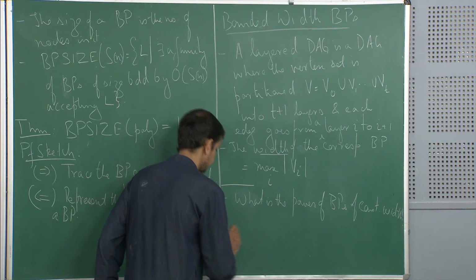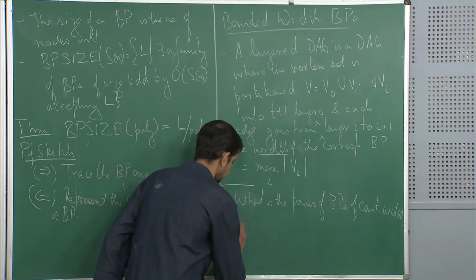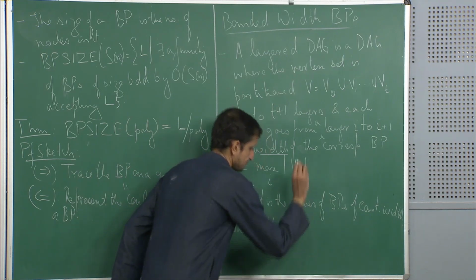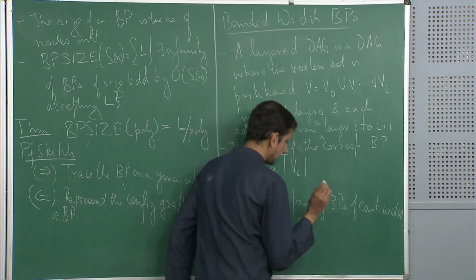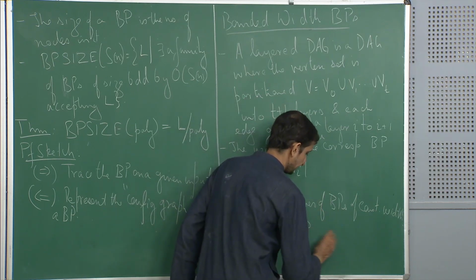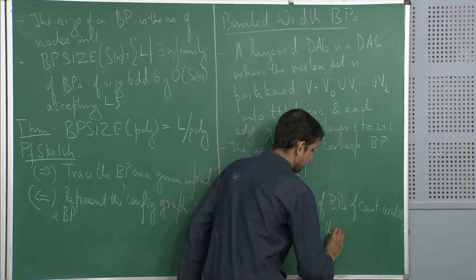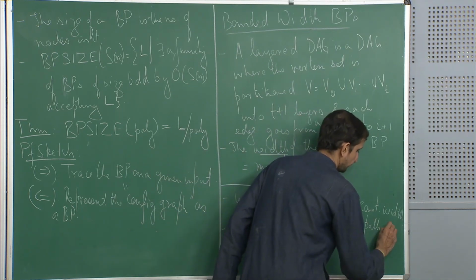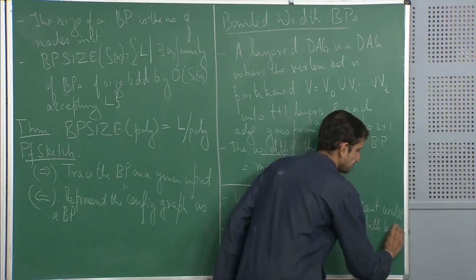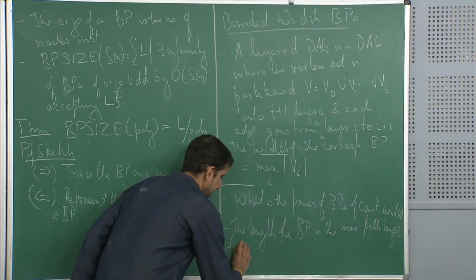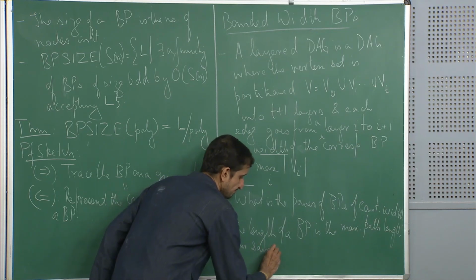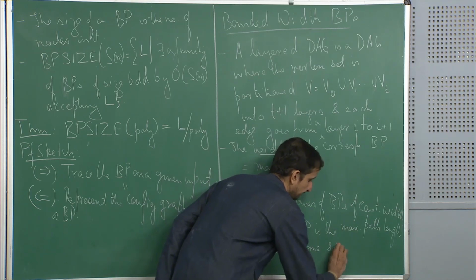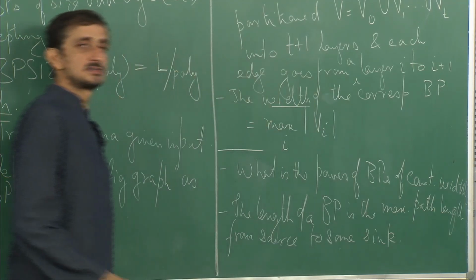The length of a branching program is the maximum path length from source to some sink.